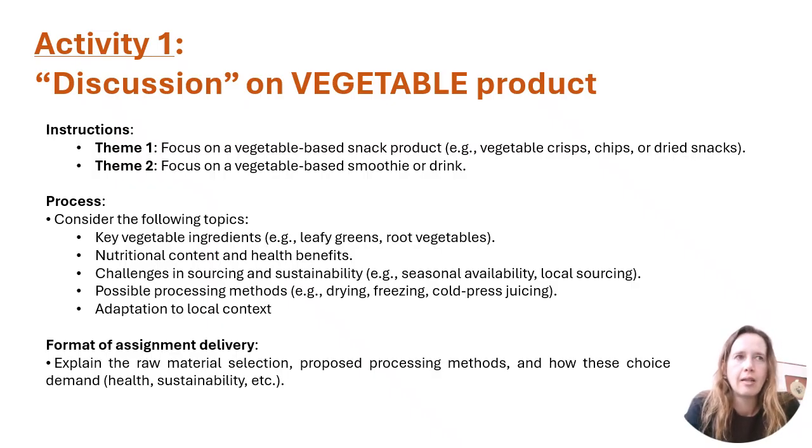And I want you to decide how you choose this raw material, the processing methods that you are proposing for this material, and how to make your product appealing. So the topic will be: take one vegetable product and describe the processing methods and try to make it fit a special context.